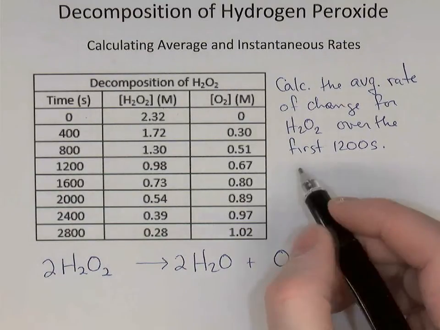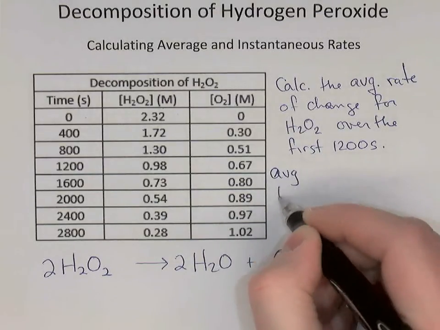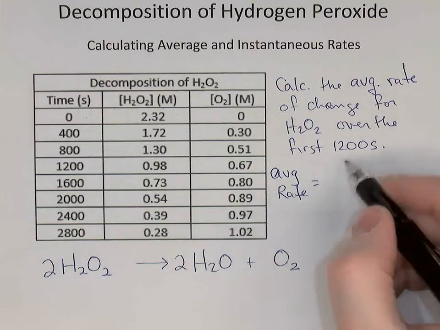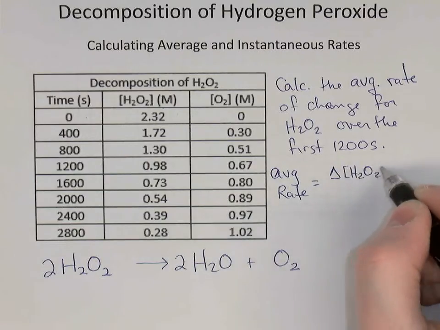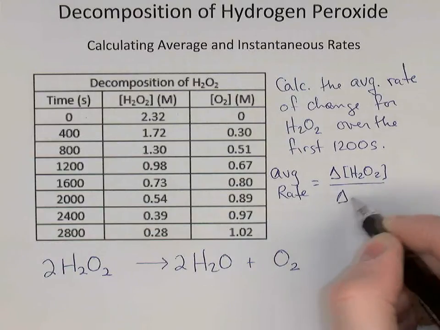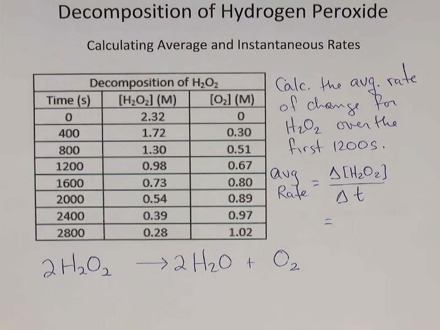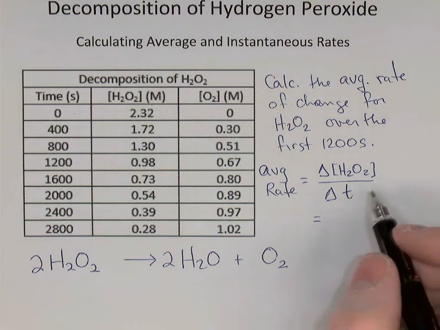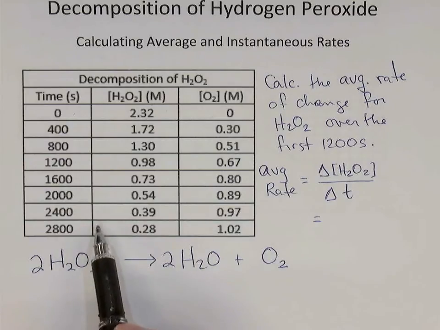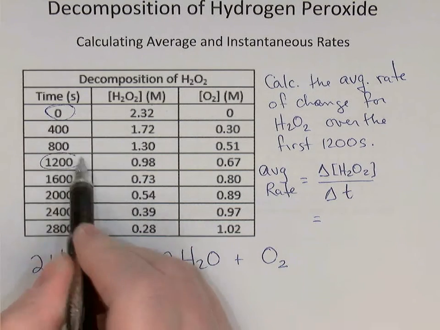Alright, the formula for average rate would be: average rate is equal to the change in concentration of hydrogen peroxide, in this case, over the change in time. When you're finding a change in concentration, you always do the final concentration minus the initial concentration. Looking at our data table, it said over the first 1200 seconds, so that means starting at 0 seconds and going up to 1200 seconds.